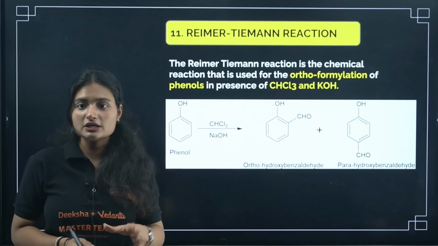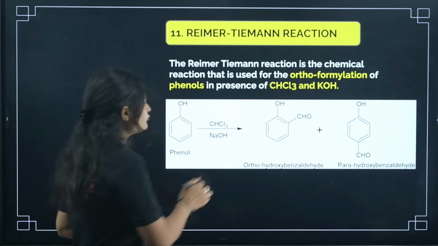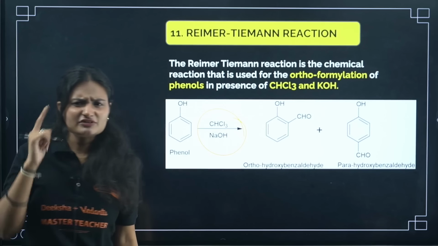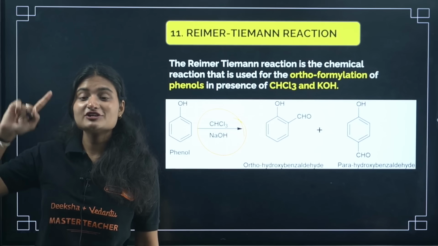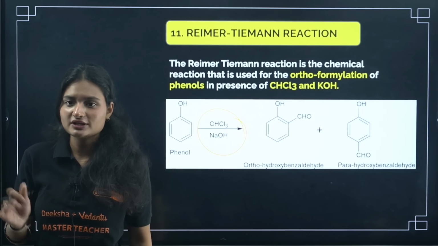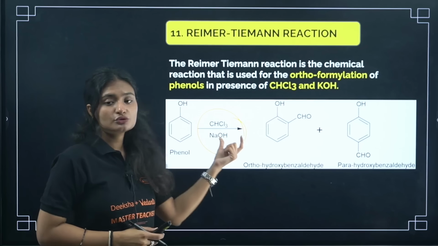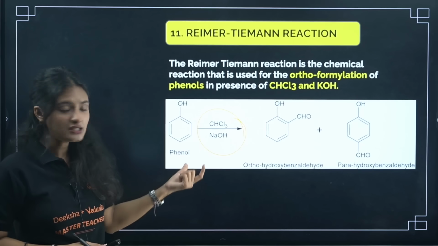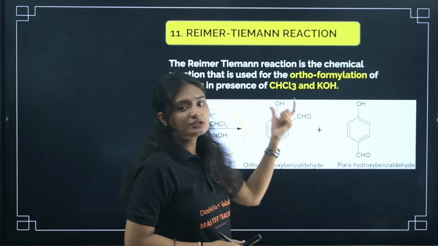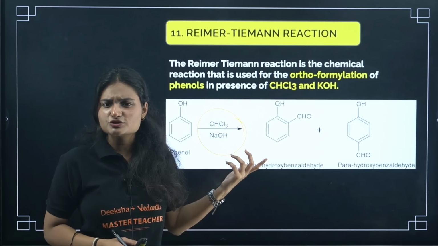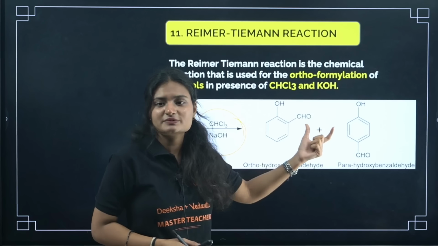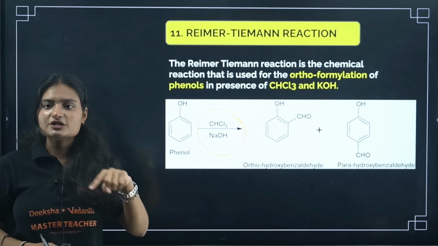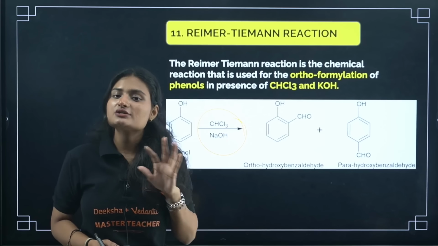When you treat phenol with chloroform and NaOH, we use this reagent somewhere, right? We use that for the carbylamine reaction, that's how you relate. So if we treat phenol with chloroform in an alkali, we get ortho substituted phenol. Which group is getting substituted? The formyl group, the aldehyde group, at the ortho position and at the para position. That is your Reimer-Tiemann reaction.